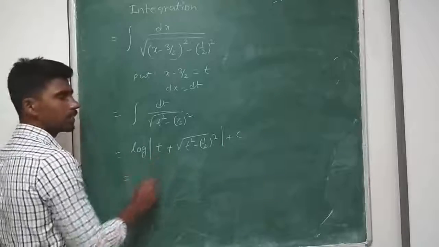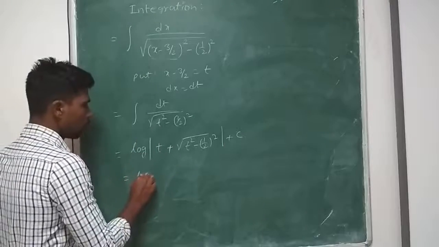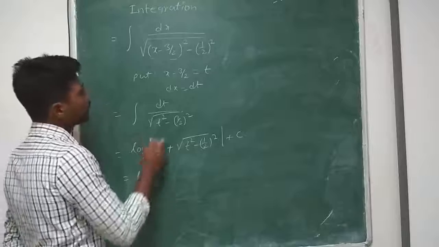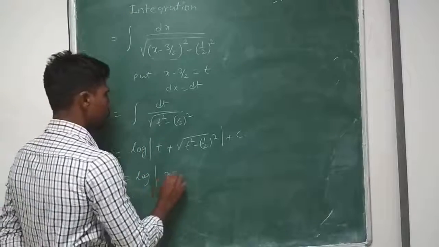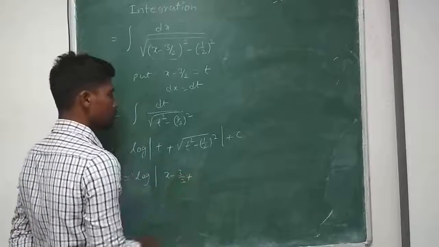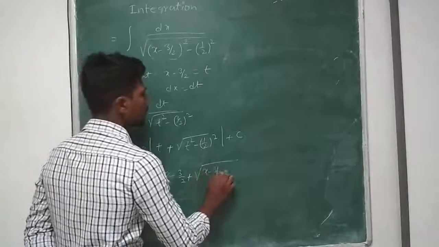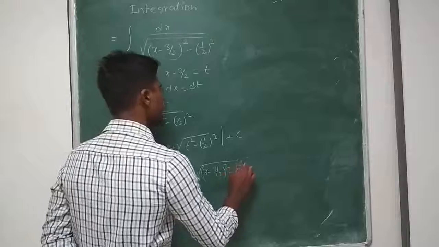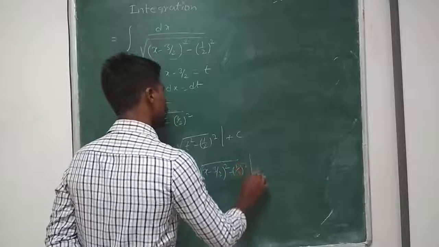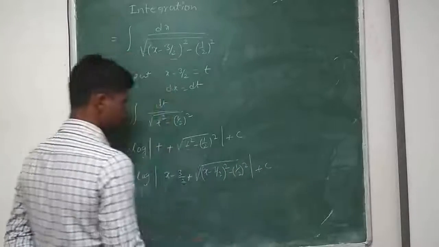Now replace the t value: log modulus of x minus 3 by 2 plus root of (x minus 3 by 2) whole square minus (1 by 2) whole square, plus c.